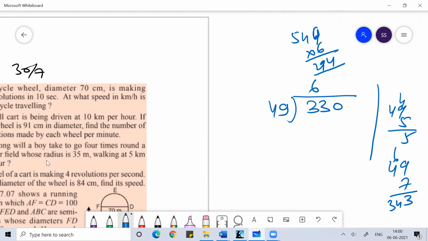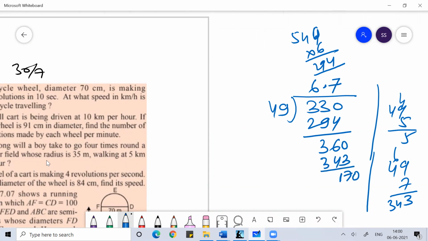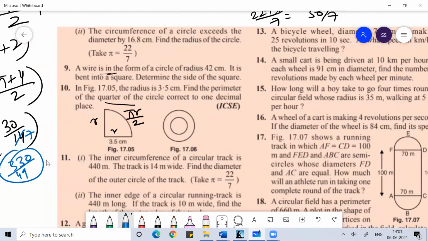So this will go by 6s are 294. Then 360, 49 7s are 343, leaving 170. According to me, the answer is 6.7. Let me check. 7 centimeter.